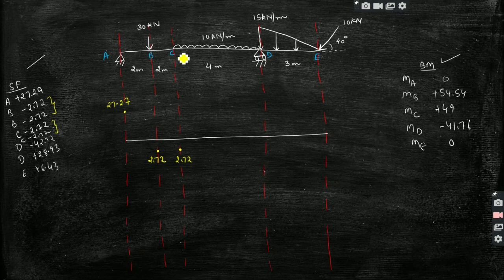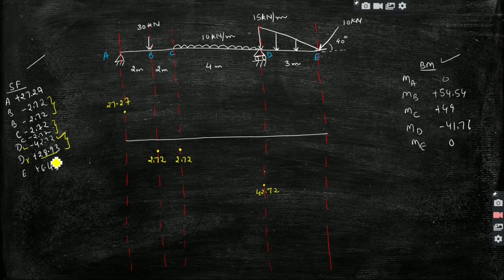Next is D. So just left of D we got the value as minus 42.72. So 42.72 minus, and at the same point on the right, we got positive 28.93.